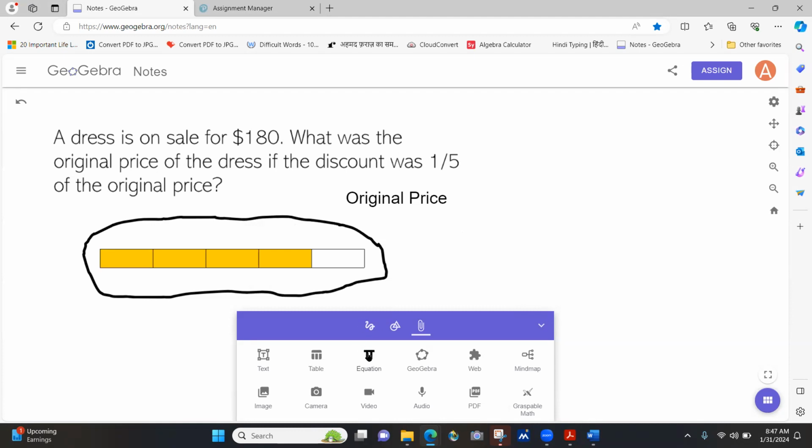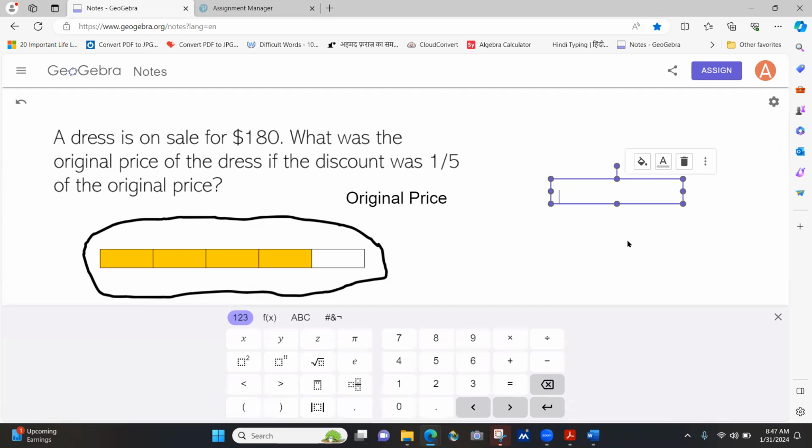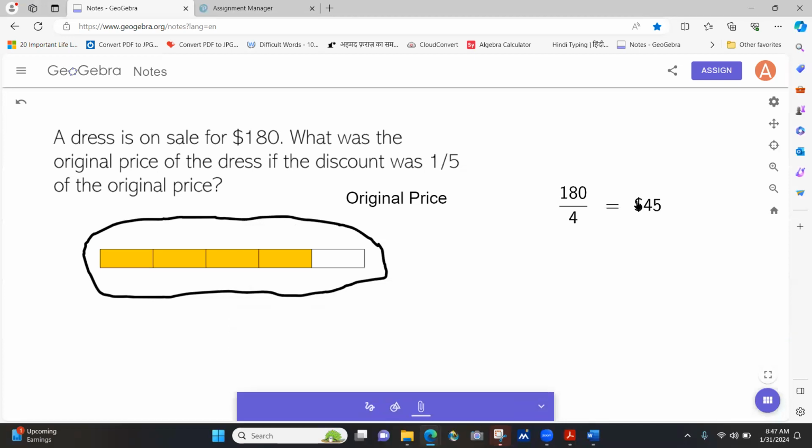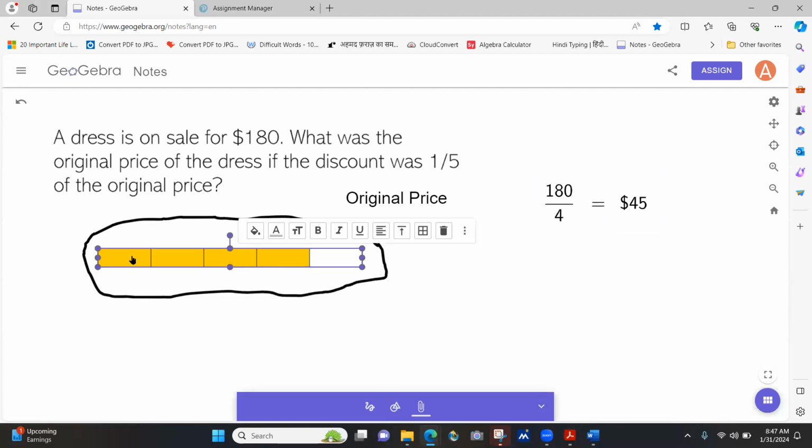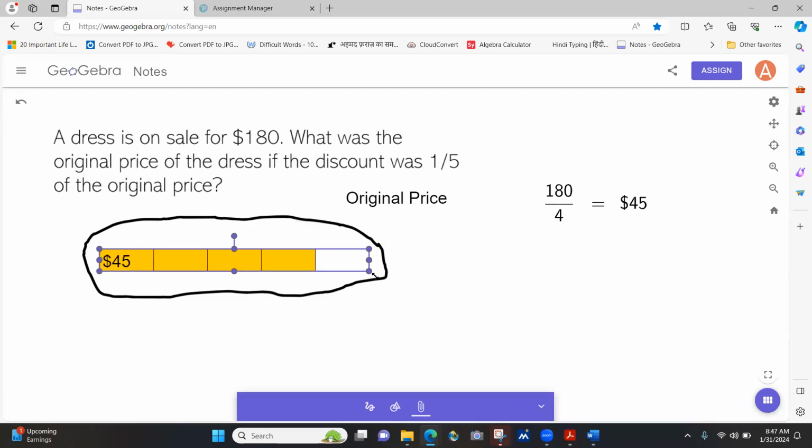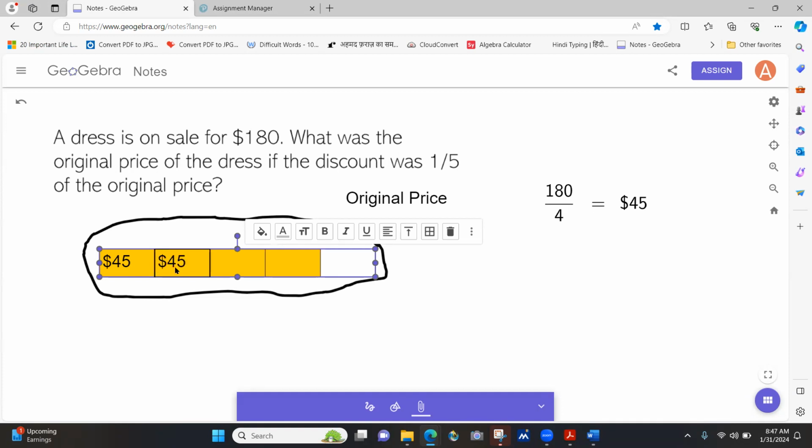If you take 180 divided by 4, you're going to get $45. That has to be the value of each little rectangle here. I'm going to write $45. Let me make it a little bigger. All right, so each little rectangle is $45.